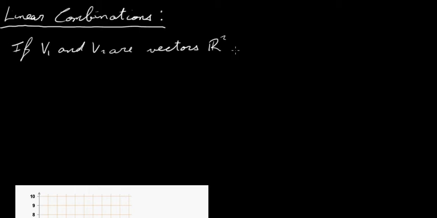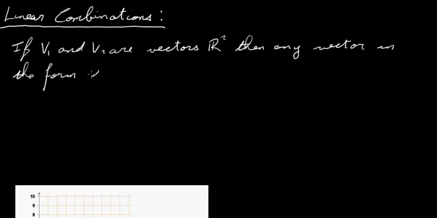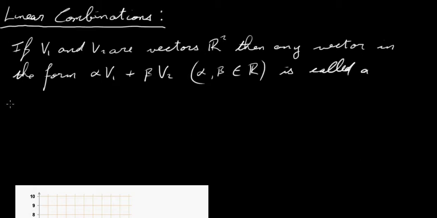Then any vector in the form alpha times v1 plus beta times v2, where alpha and beta are real numbers, is called a linear combination.